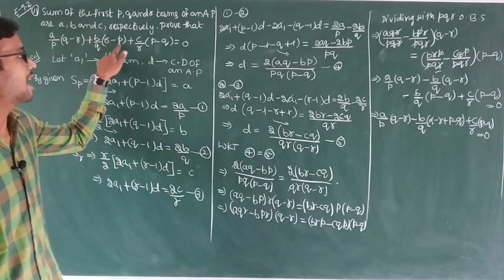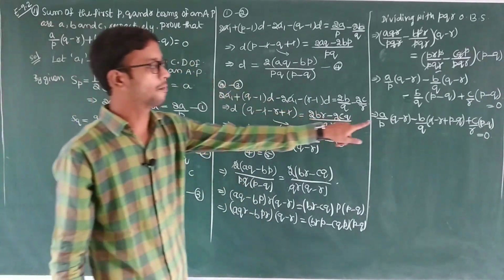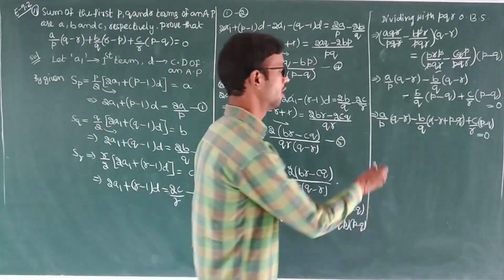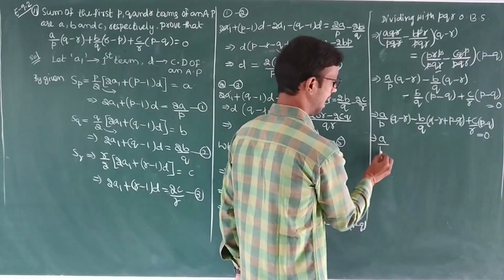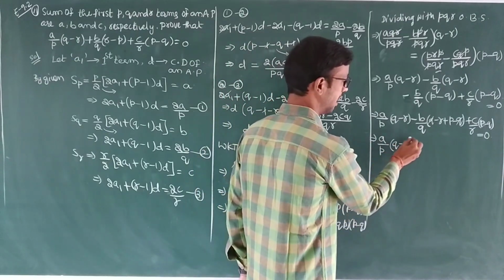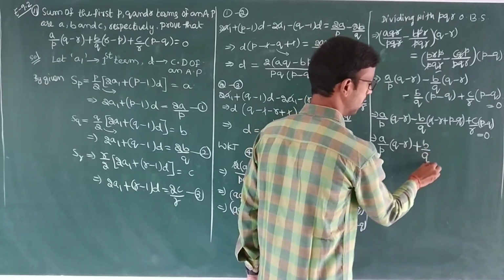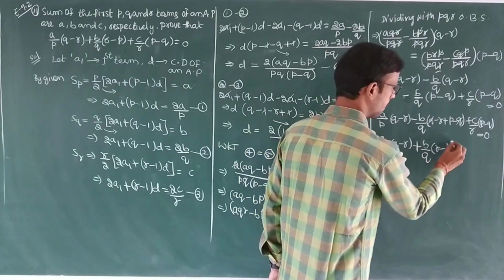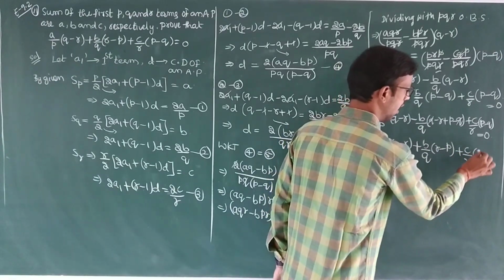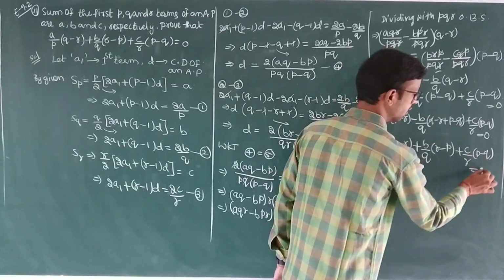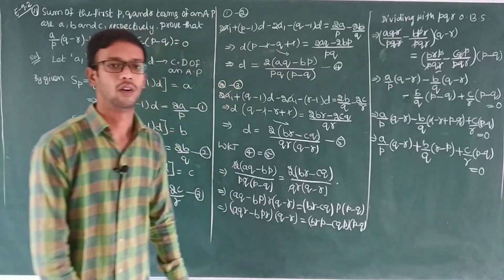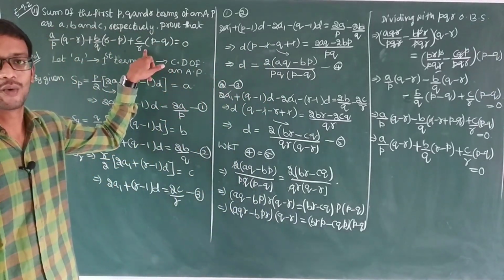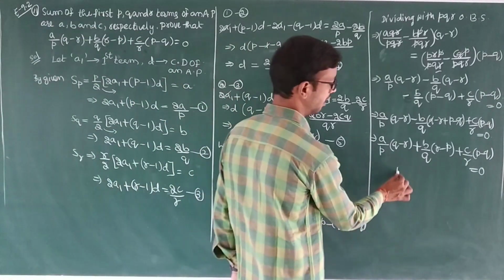You observe here R minus P is there, but we got minus R plus P. So I take negative common here. A by P into Q minus R plus, P minus Q by R, C by R into P minus Q is equal to 0. So we got the required equation. So hence proved.